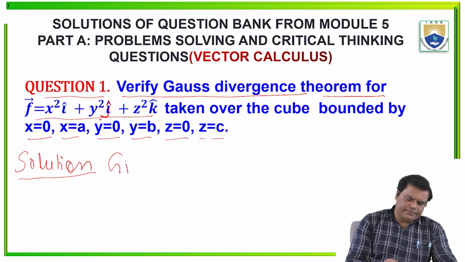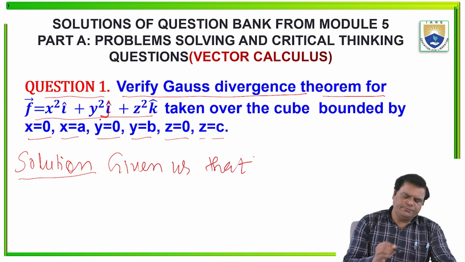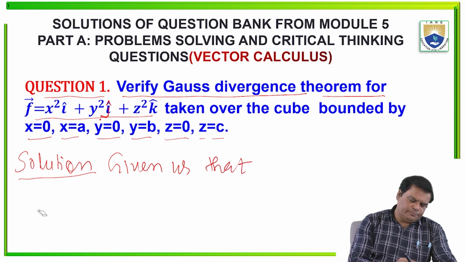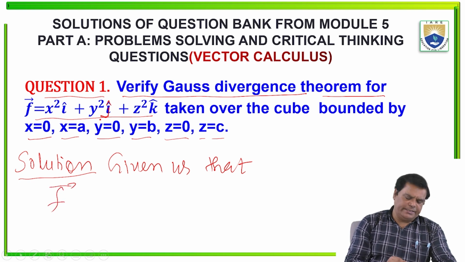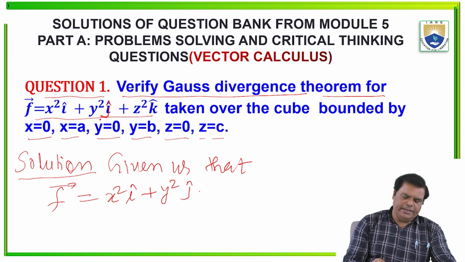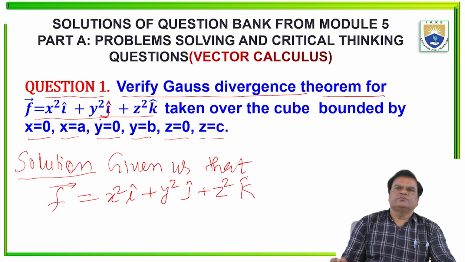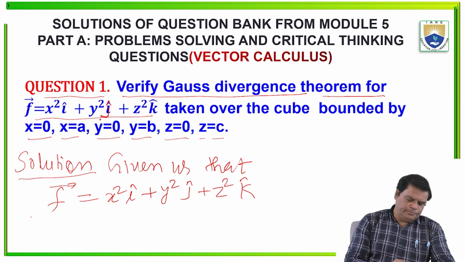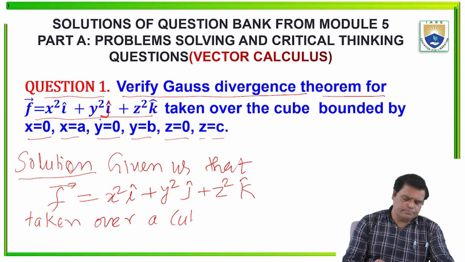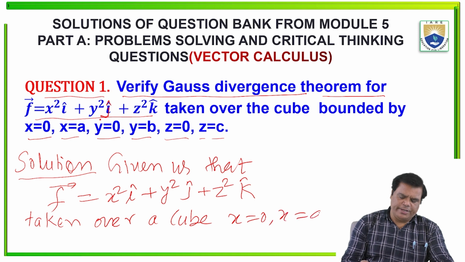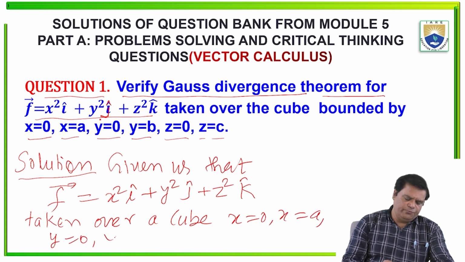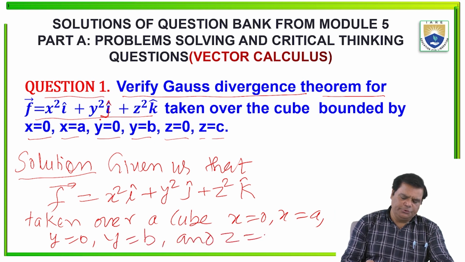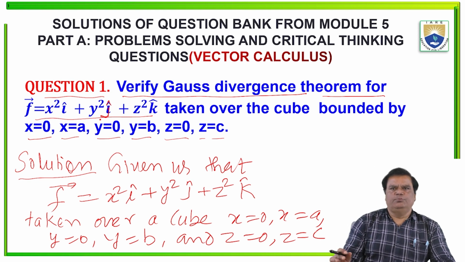Given the vector point function F = x²i + y²j + z²k, taken over a cube bounded by x = 0, x = a, y = 0, y = b, and z = 0, z = c.